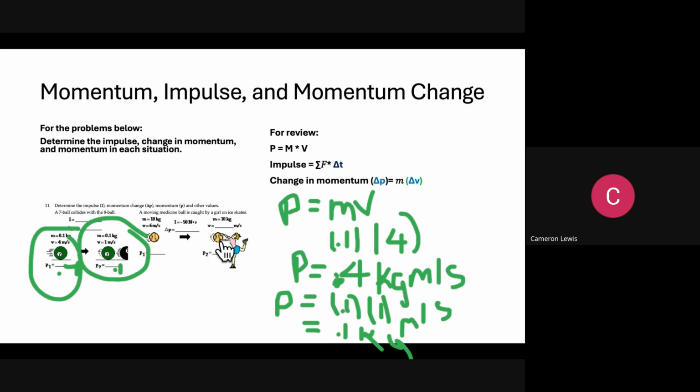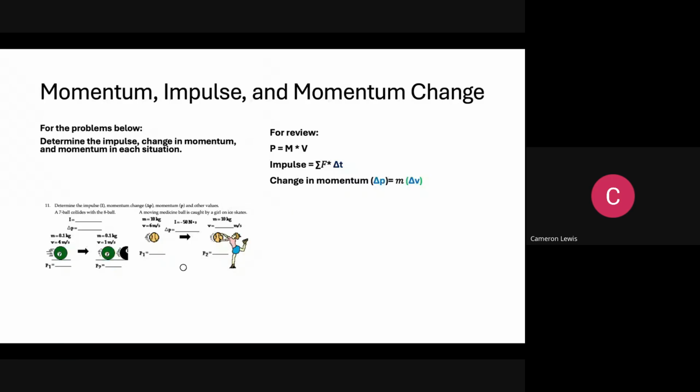All right, let me erase it to make it clean. So you got 0.1, 0.4. Now we said this. Let's do this 2 ways.